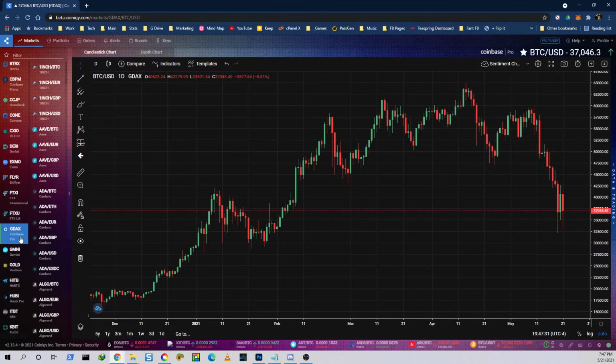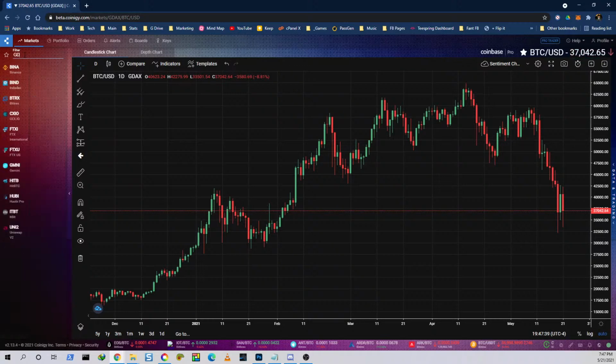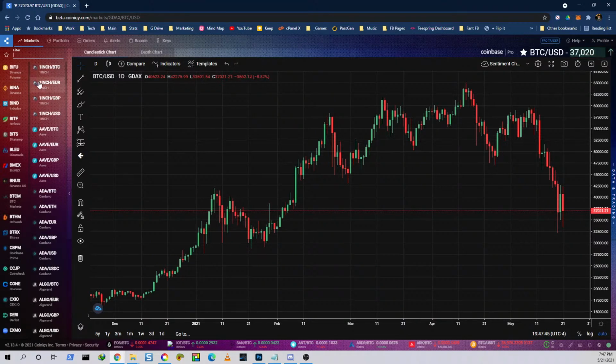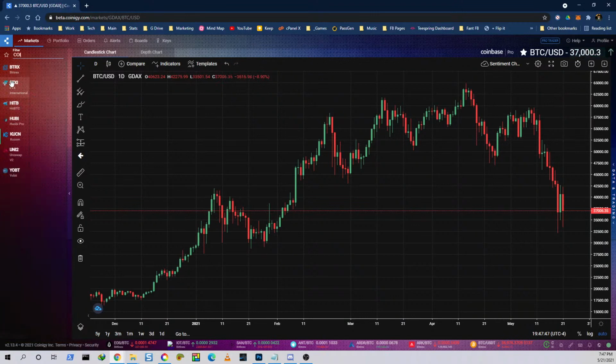So I choose GDAX. Depending on if you're using Coinergy or not, you can't just put G. And is it going to give it to me now? Nah, I see it disappeared. When I put GDA, it doesn't show up. So you've got to put COI. Shoot, you can't even see. You've got to go CO. Sad. All right.